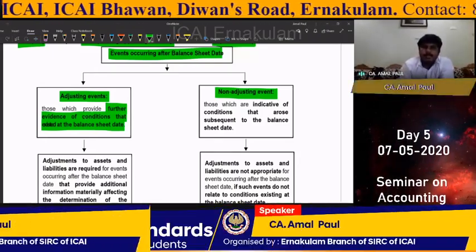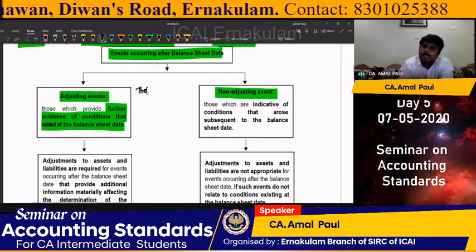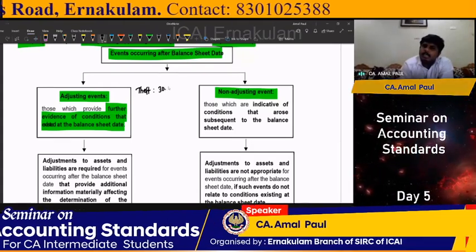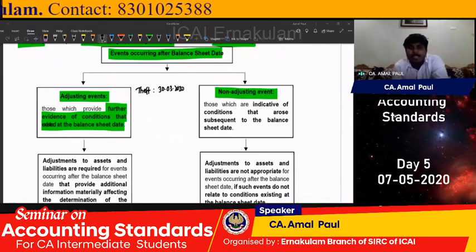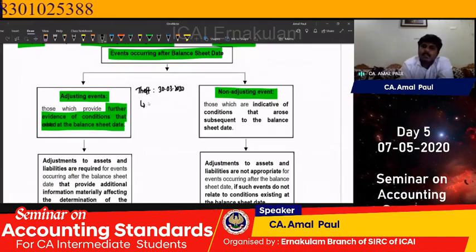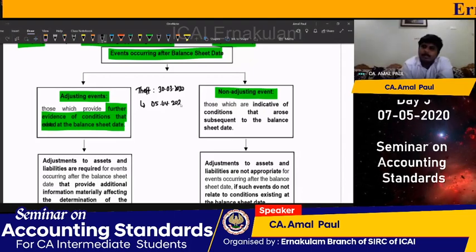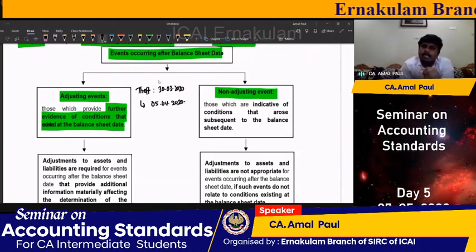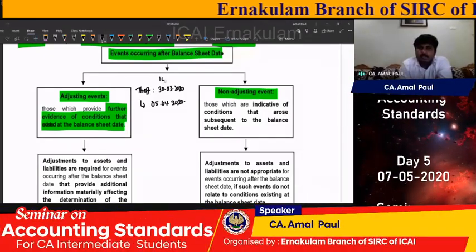For example, there is a theft by cashier on 30th/3/2020. This was identified only on 5/4/2020. That means cashier had absconded with 10,000 rupees.